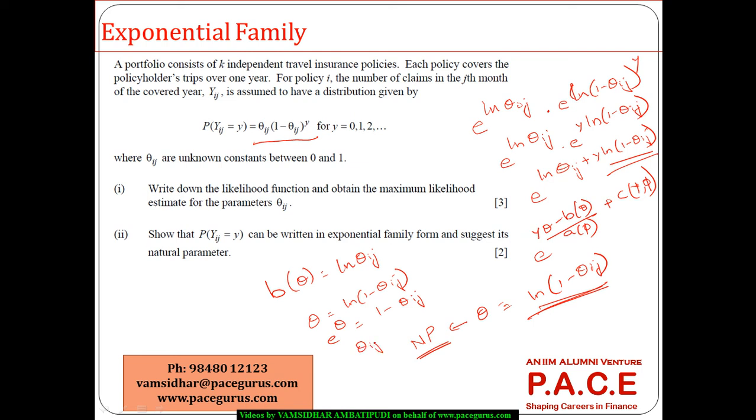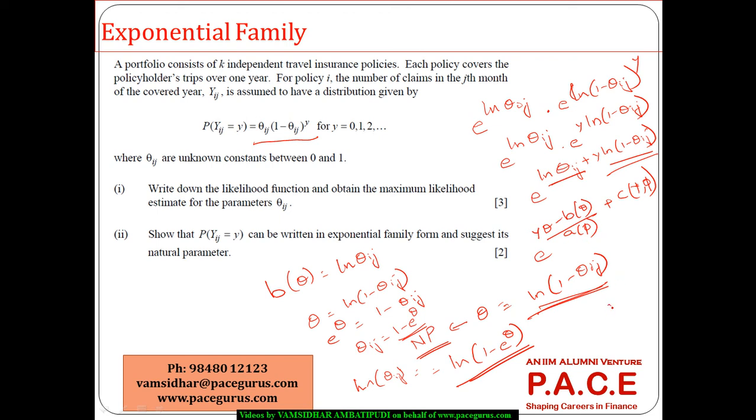So from here I get theta ij is 1 minus e power theta, and as a part of b of theta I need log theta ij. So log theta ij is nothing but log 1 minus e power theta. So this would be my b of theta.